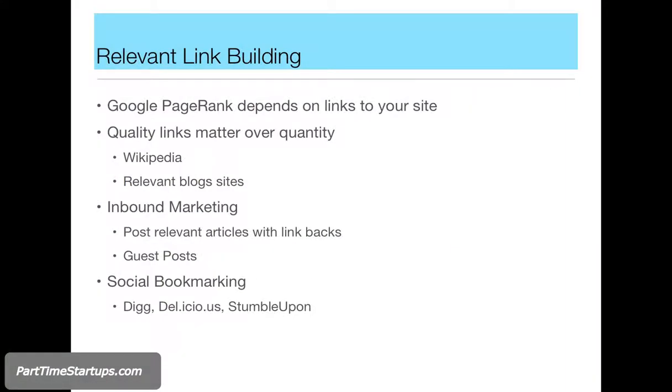So as I mentioned, to get relevant links back to your website, you have to focus on quality links rather than quantity, and then focus on inbound marketing, where you post articles on different websites with valuable, useful content. That way, Google as well as users will read it and come to your website. And then you can work on social bookmarking, like Digg and Delicious.